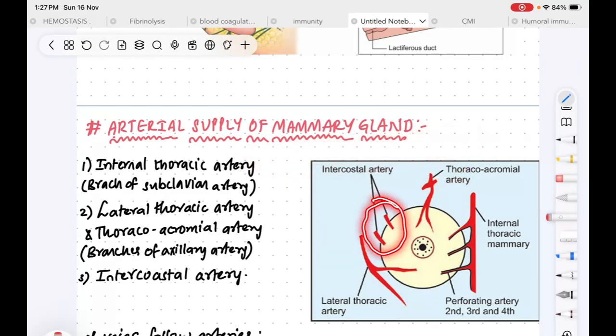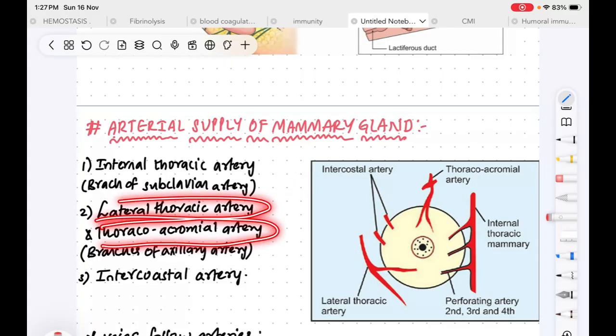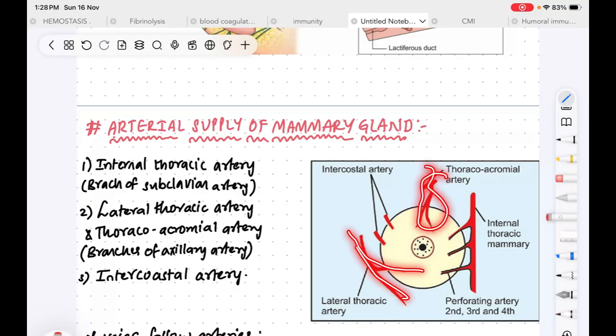See, this is the internal thoracic artery. It is a branch of the subclavian artery. Next, the two arteries, the lateral thoracic artery and the thoracoacromial artery, are branches of the axillary artery, and the last one is the intercostal arteries.